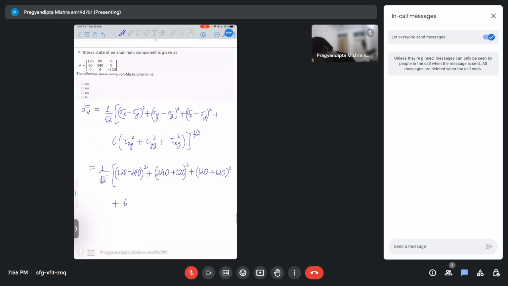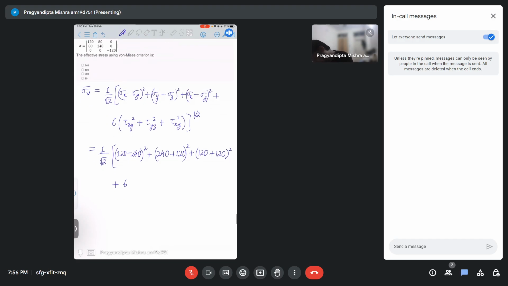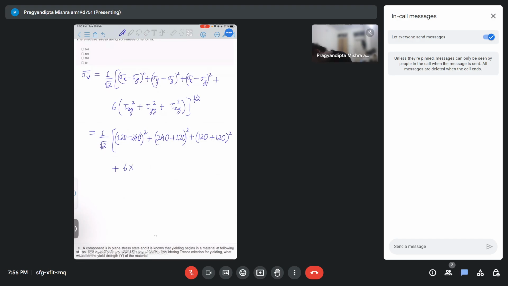There is no yz and xz component, so xy 6 into 80 square, whole to the power 1 by 2.